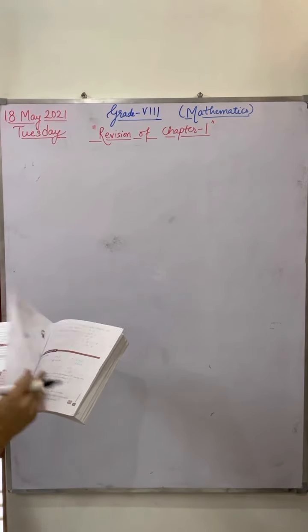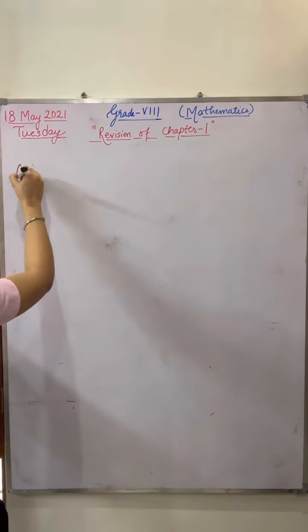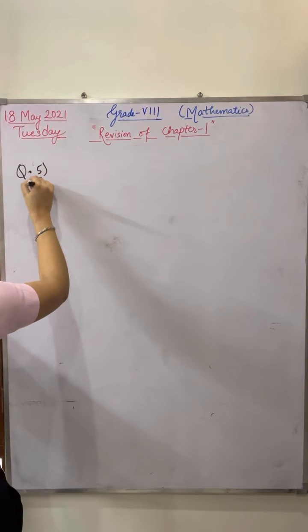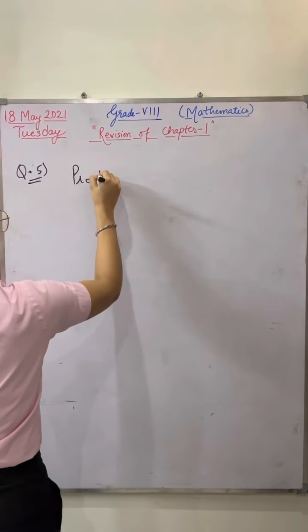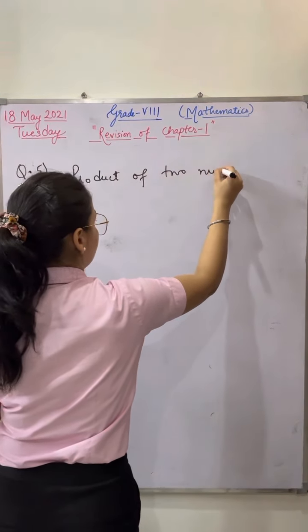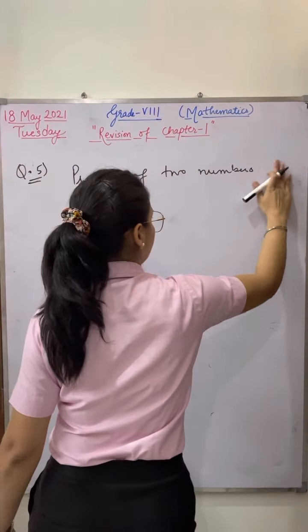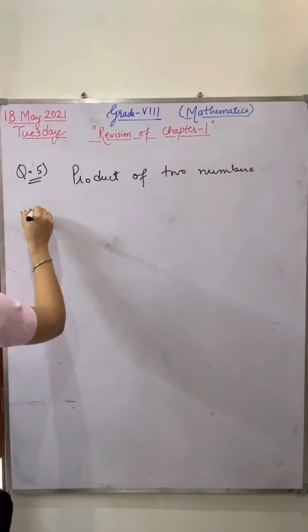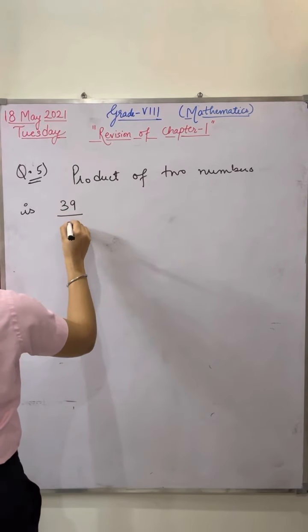Okay, such kind of questions are important. Suppose the question is: product of two numbers is 39 upon 5.